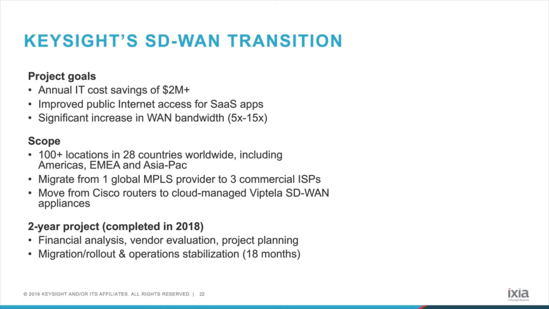Along the way, we endeavored to maintain quality of service for our critical real-time services like voice and video, and also struggled mightily with qualifying ISP circuits to contracted bandwidth and latency, and always kept an eye on how we were impacting critical SaaS applications like Salesforce or SuccessFactors, and certainly Microsoft's O365, which we moved to a few years back. In the second half of our journey, Keysight purchased Ixia, which was a triggering opportunity for us to evaluate and deploy Hawkeye to assist us with monitoring key attributes of our new SD-WAN service.